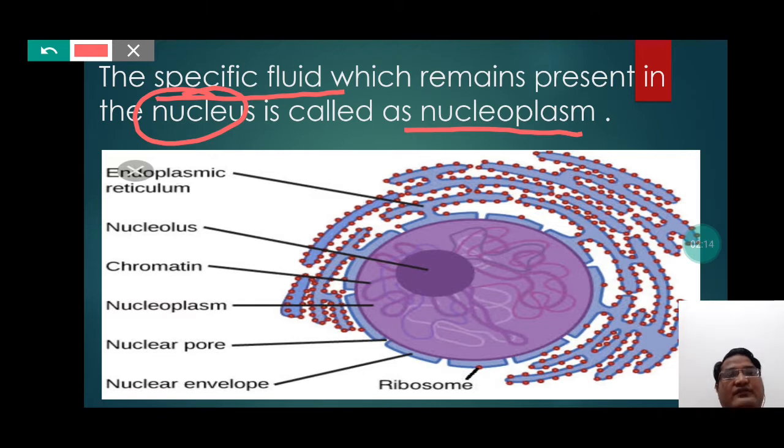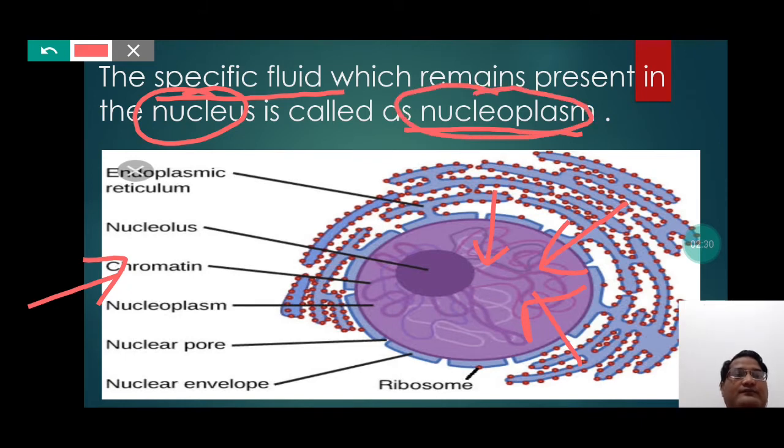If we concentrate here, then in this picture we can notice that there is presence of semi-jelly like fluid substance which is called as nucleoplasm. Students, here also we can notice that there is presence of rough endoplasmic reticulum which surrounds the outermost envelope of the nucleus, which you can notice here, students.